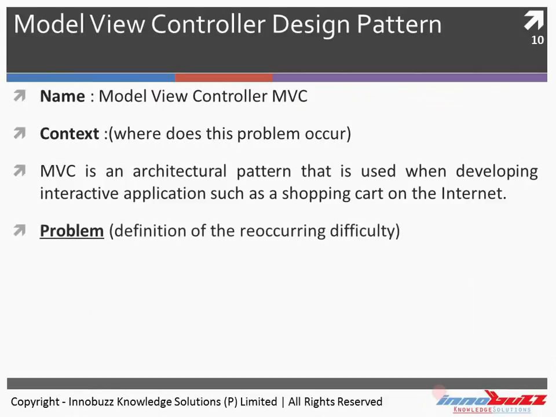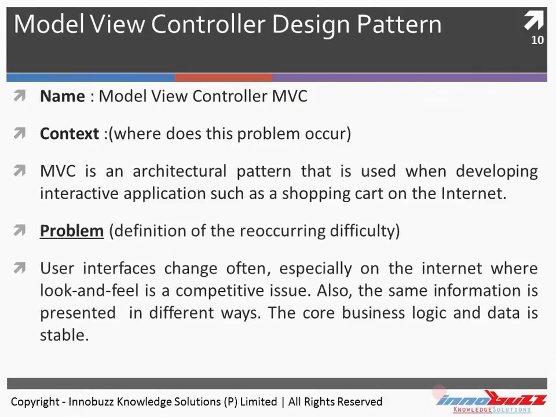The problem is user interfaces change often, especially on the internet where look and feel is competitive. So in any internet application, you need to be careful with look and feel to make it more attractive. Here the same information is presented in different ways. The core business logic and data is stable.